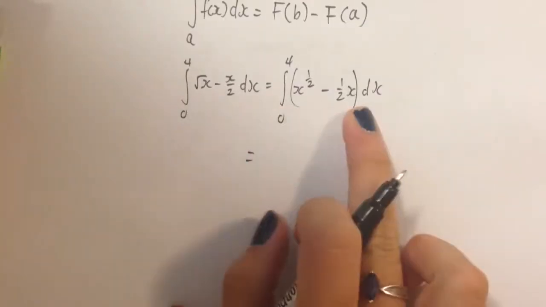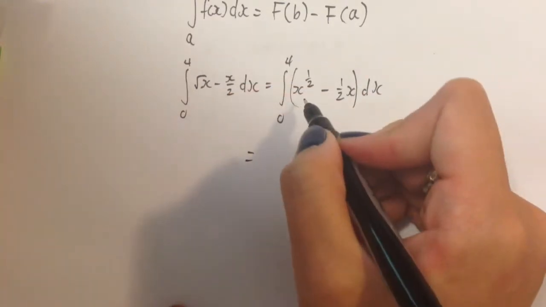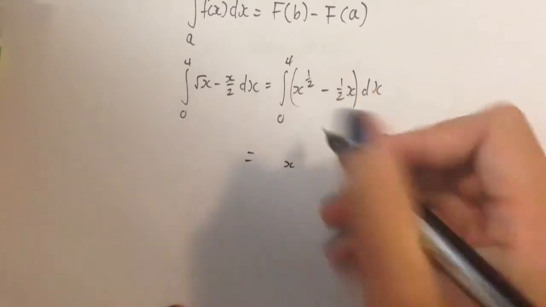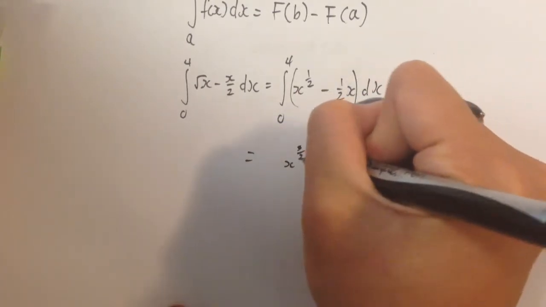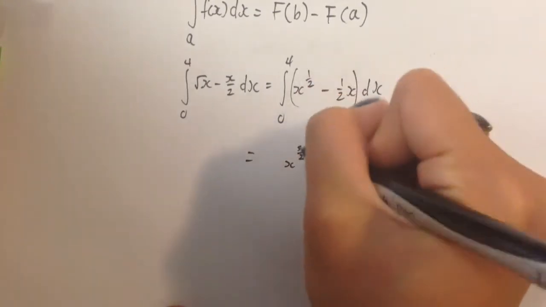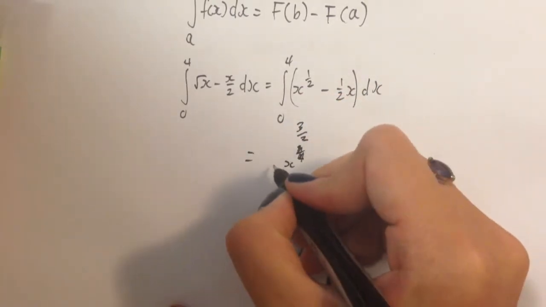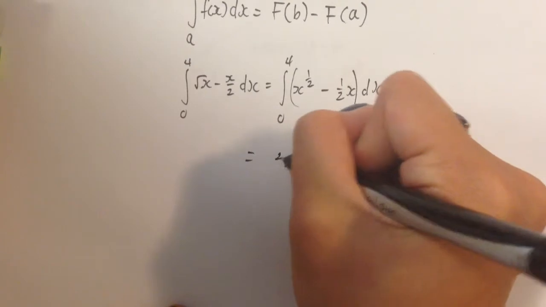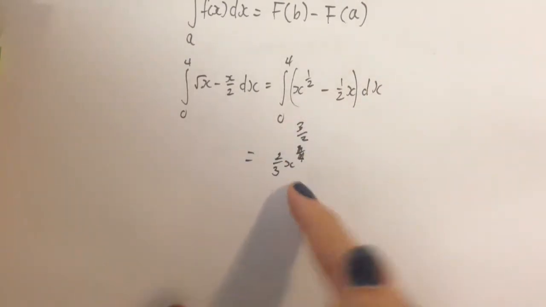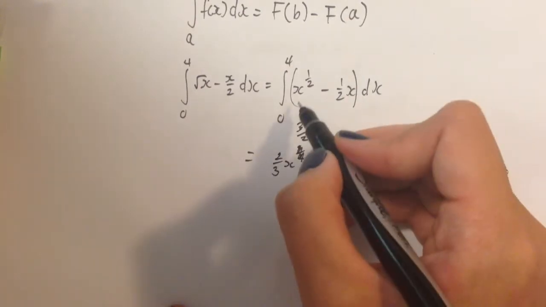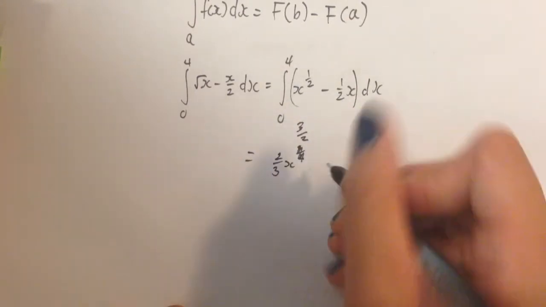And to find the original function, you basically add 1 to the exponent, so 3 over 2, and you multiply by the reciprocal, so it's 2 divided by 3. Because once you differentiate this, it'll equal x to the power of 1/2.